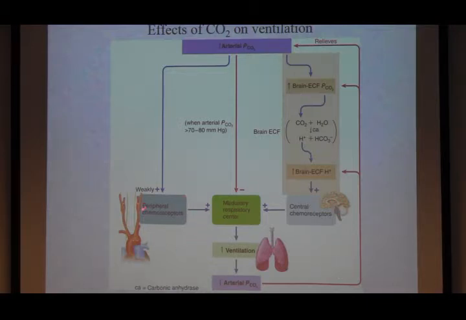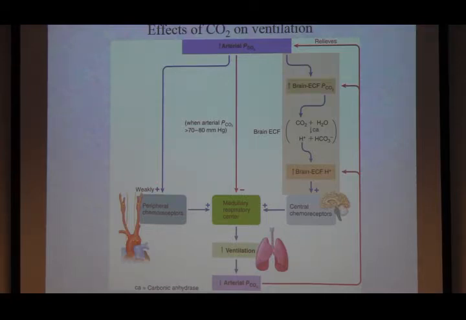But complement is the key, because the central chemoreceptors are the major stimulators of the DRG in response to elevation of PCO2. But again, the central chemoreceptors don't respond directly to the CO2. They respond to the hydrogen ions produced by that increased CO2. The peripheral chemoreceptors, on the other hand, respond directly to the elevated PCO2 of blood.